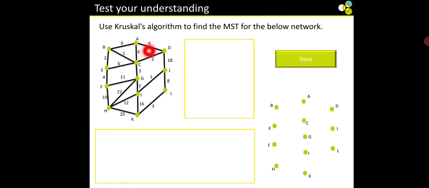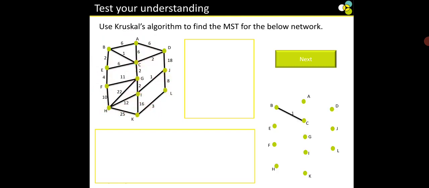Then A to B, A to D, B to E, B to C, likewise C to G. Likewise we have edges. Among these edges we have to choose the minimum edge over the graph.